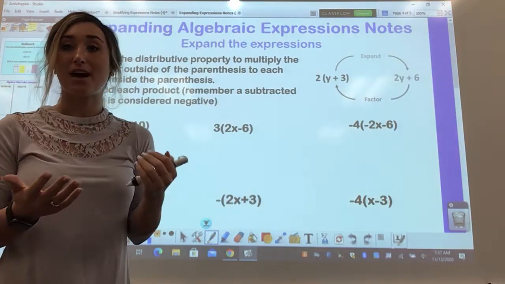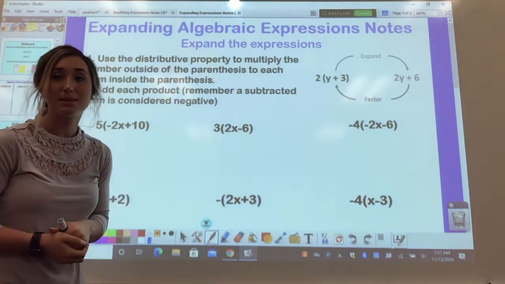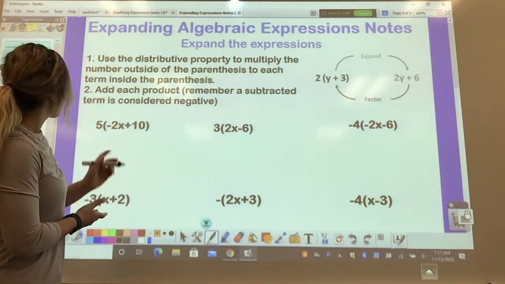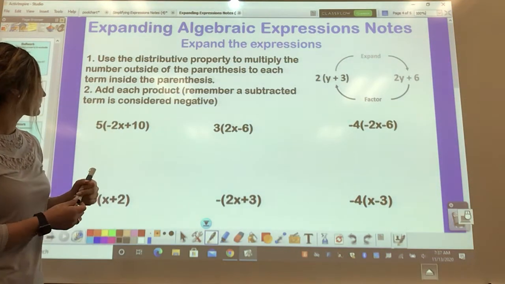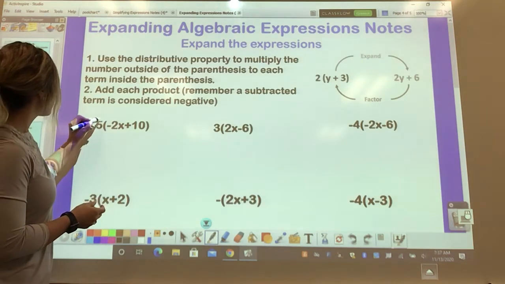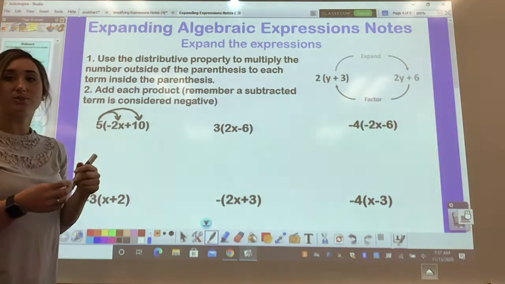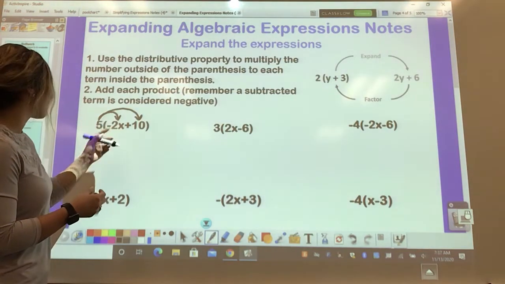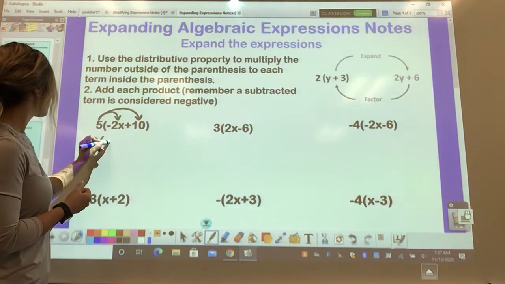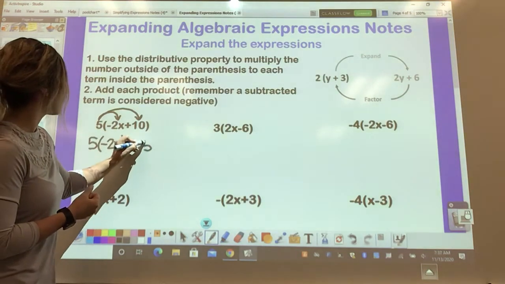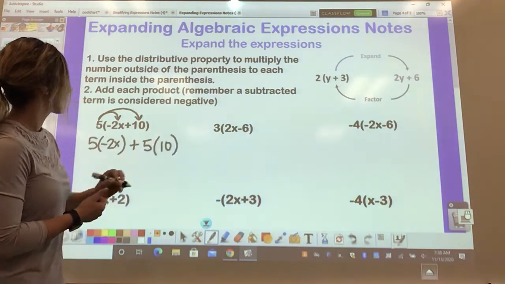So with all of that, let's go ahead and get to some examples. Starting with this first one, we have 5 times negative 2x plus 10. So we're going to distribute in this 5 to each of the terms. I like to draw little arrows so I know that the 5 needs to be multiplied by the negative 2x, and the 5 needs to be multiplied by the positive 10.